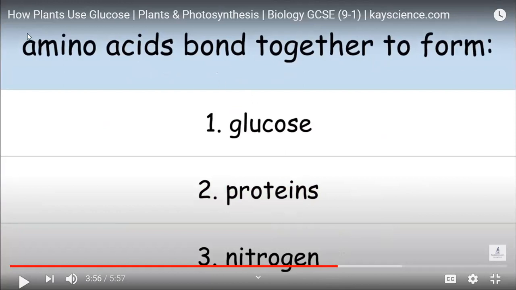Oh, you were raising a hand. Yes, read the question first. Amino acids bond together to form. Good. What do the amino acids make? Do they make glucose, proteins, or nitrogen?